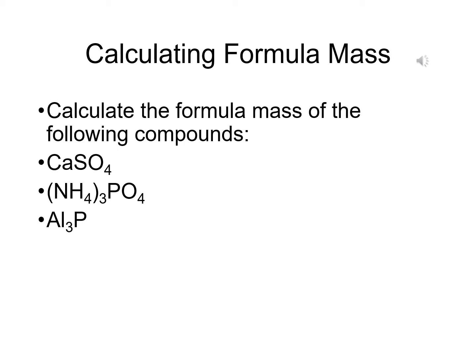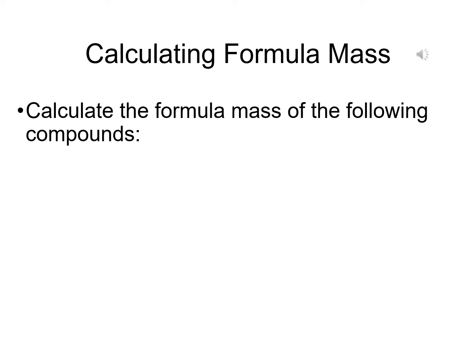So if we look at calcium sulfate, we would have the atomic mass of calcium plus the atomic mass of sulfur plus 4 times the atomic mass of oxygen. Okay, so I'd like you to do the formula mass for these, and then you can click to the next slide to check your work, and we'll go over them together.